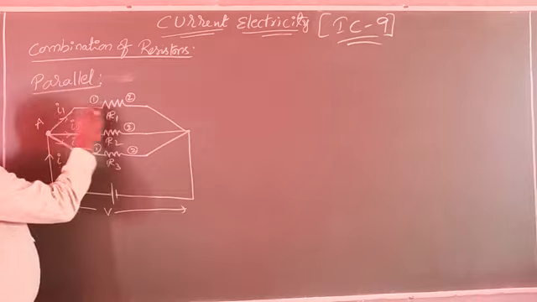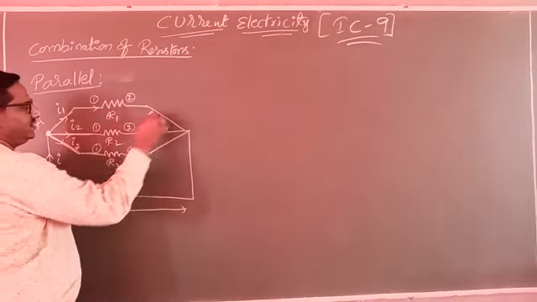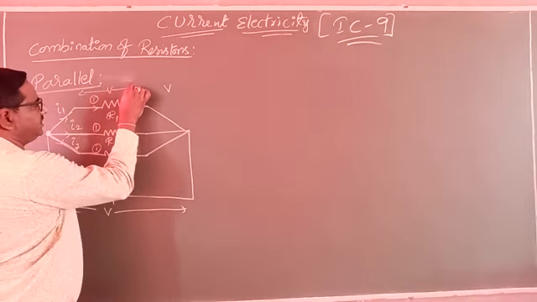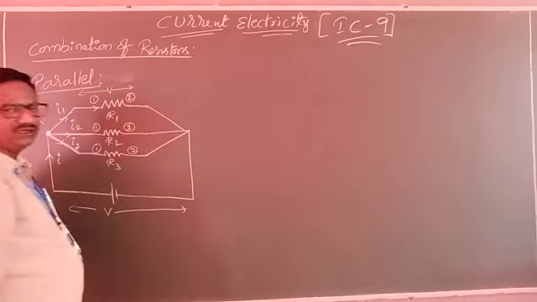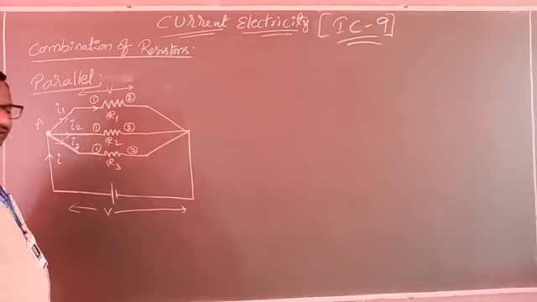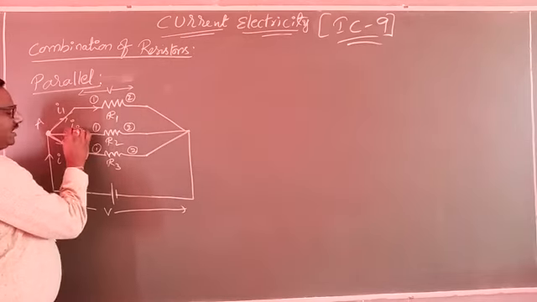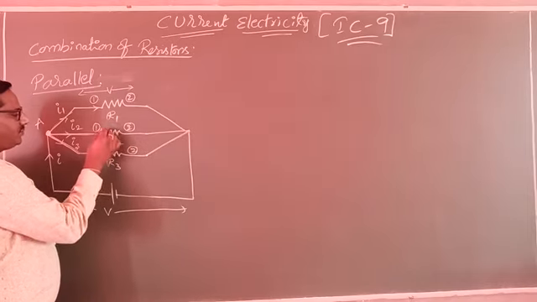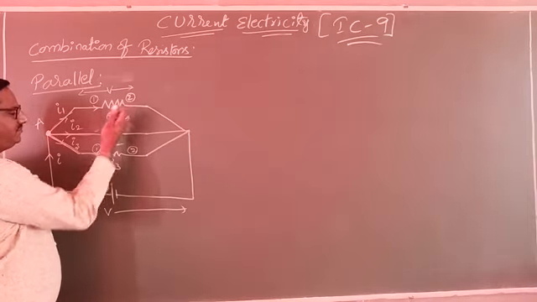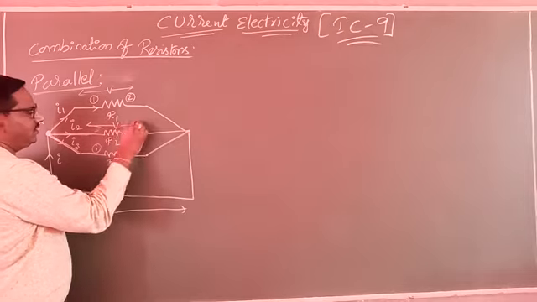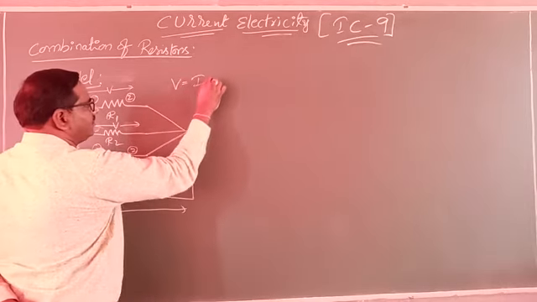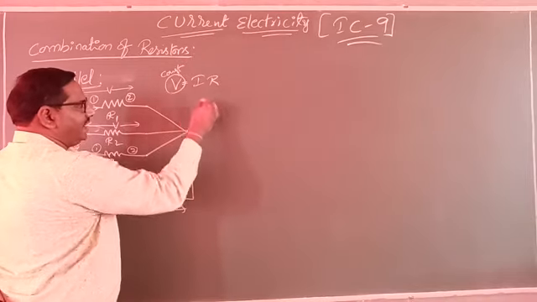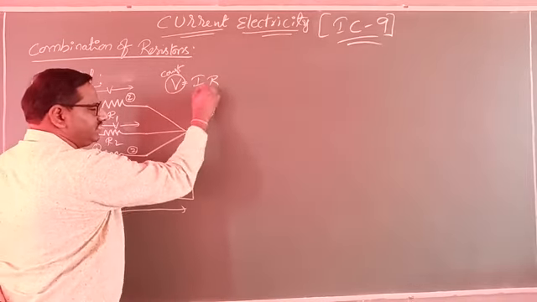Now current I1 flows across the first resistor, so here the potential will be the same, V. Here the potential will be V. In the second one, current I2 will flow through resistor R2. Here also the potential remains the same. That means in V equal to IR, if you keep V as a constant, then the other two can vary as 1, 1, 2, 2, 3, 3 like that.